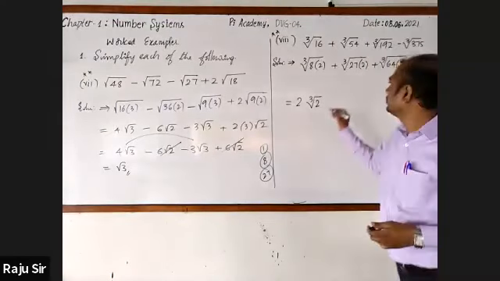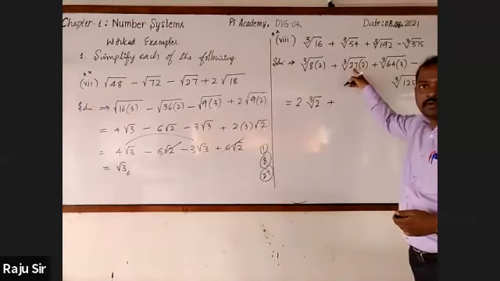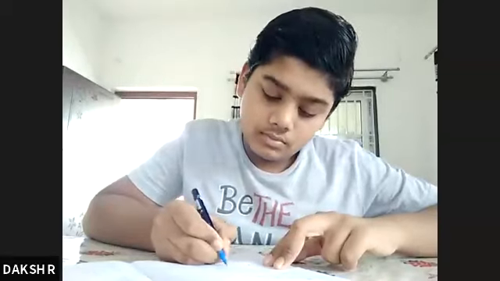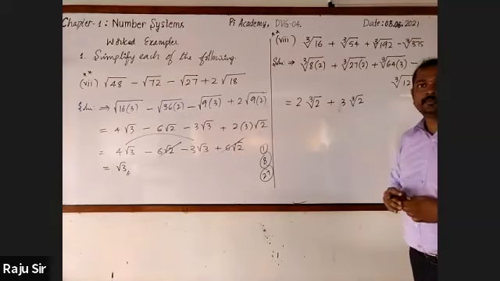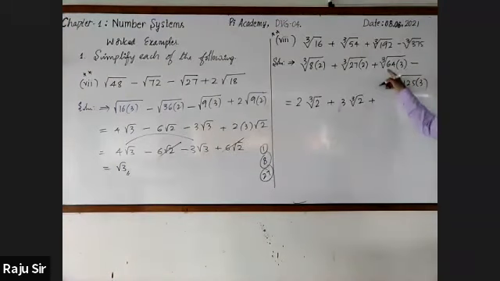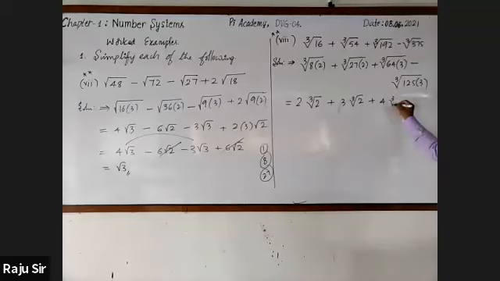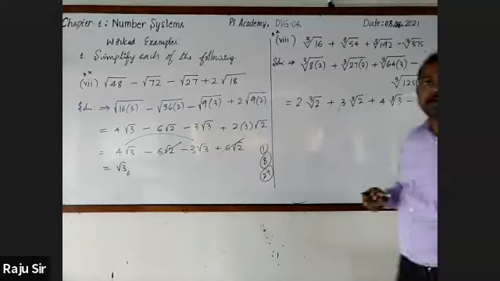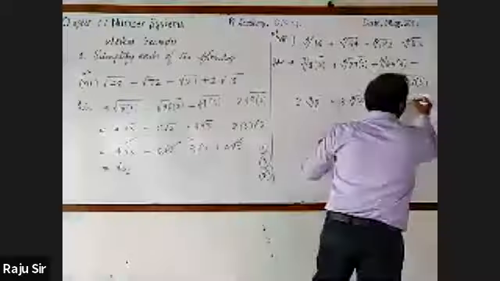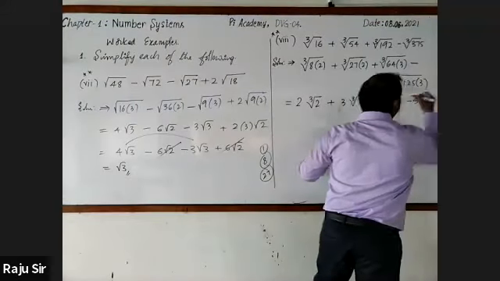Next one, cube root of 27 is 3 into cube root of 2, plus cube root of 64, which is 4. Very good. 4 into cube root of 3, minus cube root of 125, which is 5. 5 into cube root of 3.